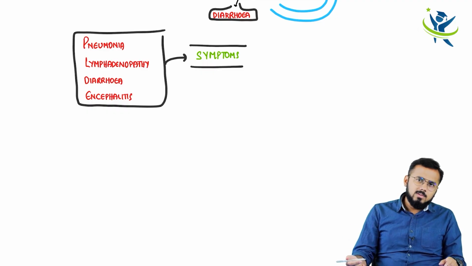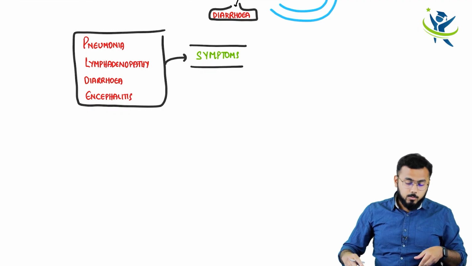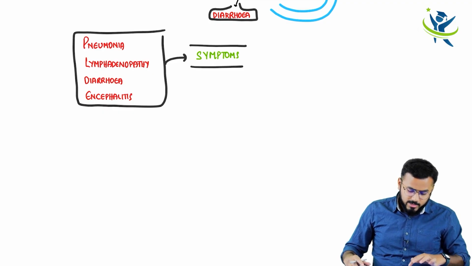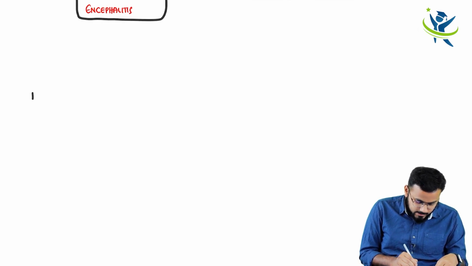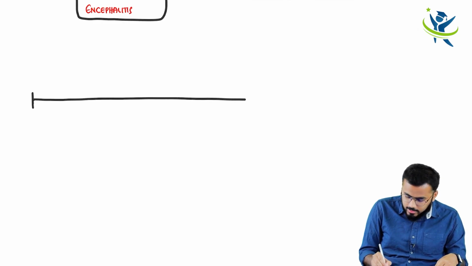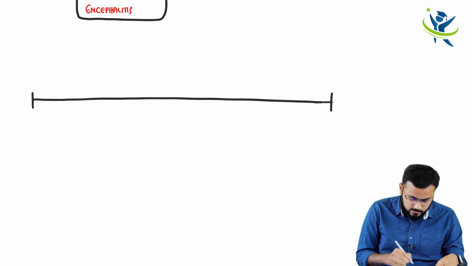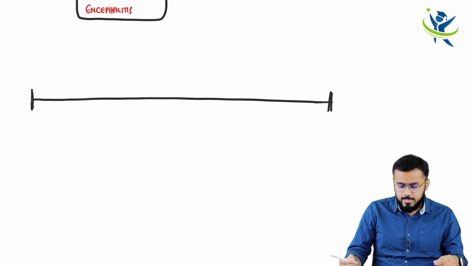Apart from this, can you also tell another thing which can be found in the patient? Yes, obviously. Another important thing is that, guys, look here very carefully now. Let us say this is the line which I am drawing for the disease, from the starting point to the ending point.